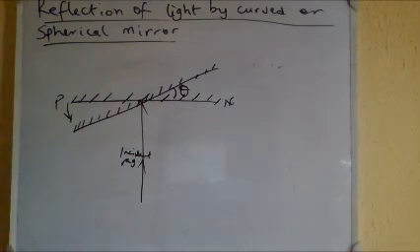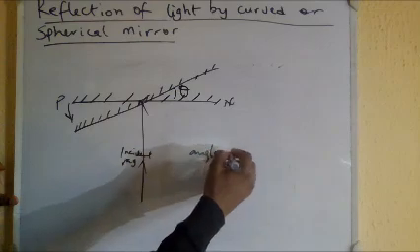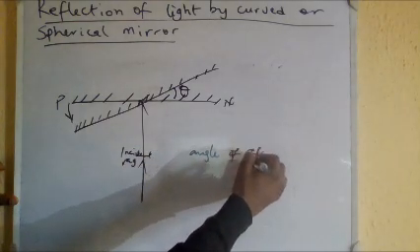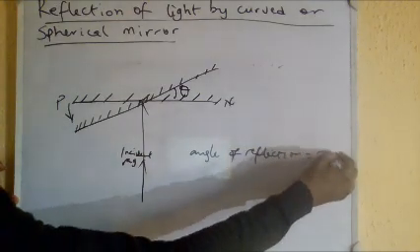Understand? So when it happens like that, the reflected ray is now rotated by 2 theta.